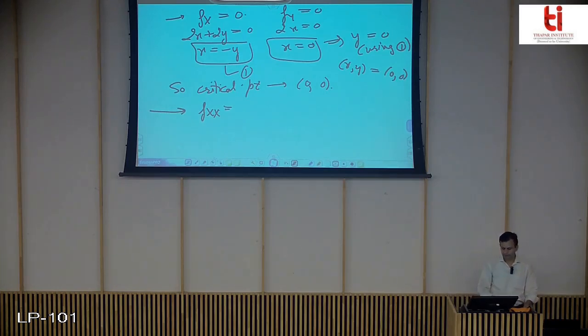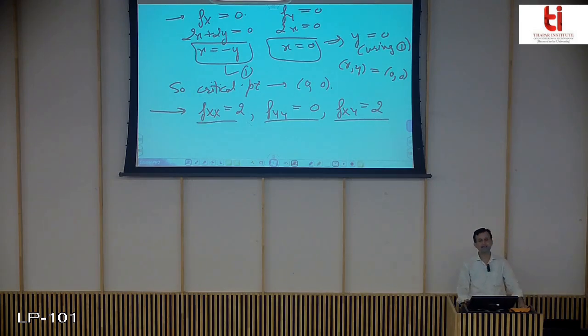So we find the double derivative of f with respect to x, and that is 2. The double derivative of f with respect to y is 0, and the partial derivative first with respect to x and then with respect to y, or first with respect to y and then with respect to x, is also equal to 2. These are the values of the second order partial derivatives. Why are we calculating these? Because we need these for the second derivative test for finding the extreme value.